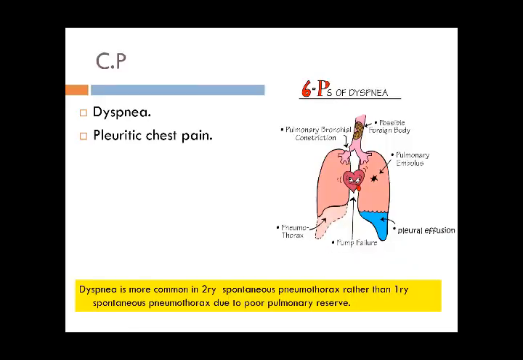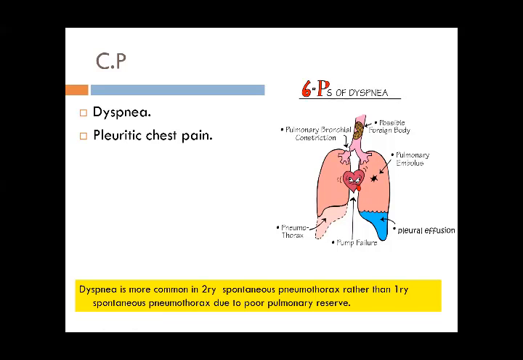Okay, this is just to make you understand the different reasons for a patient with severe distress. These are the 6 P's of dyspnea. Dyspnea is more common in spontaneous pneumothorax. There are different reasons: a foreign body can be there which has caused a severe episode of dyspnea, pulmonary embolism.